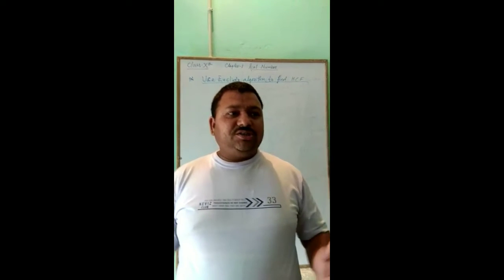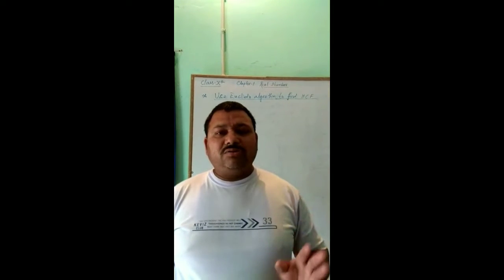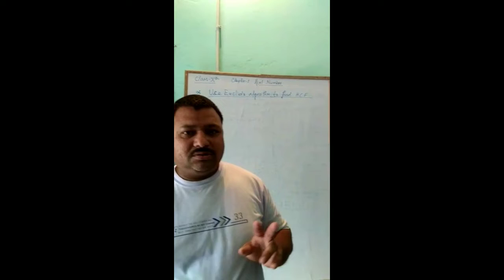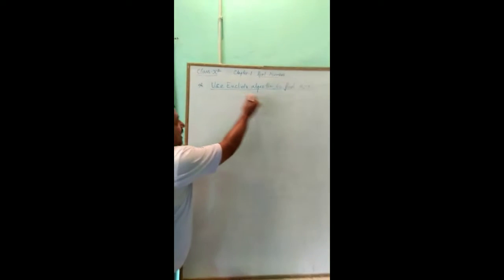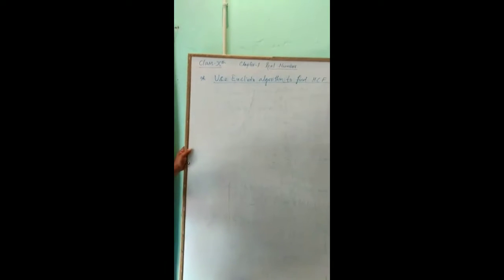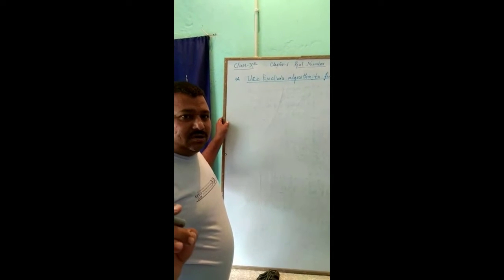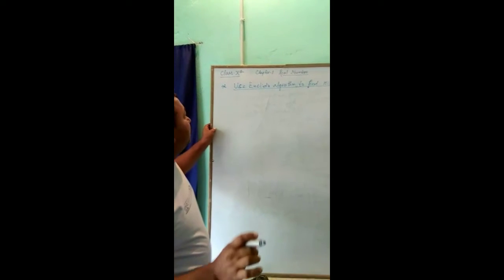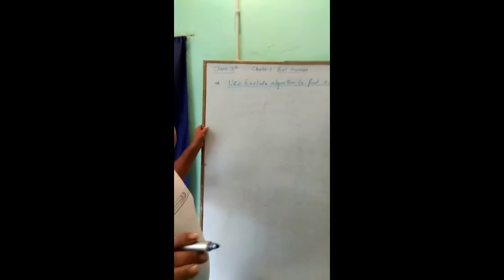Okay, I will teach you by using the Euclid's algorithm how will you find out the HCF of any two given numbers. Now here use of Euclid's algorithm to find the HCF. For that, now by the examples I will teach you how the use of Euclid's algorithm to find the HCF.